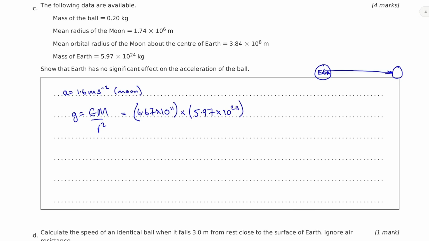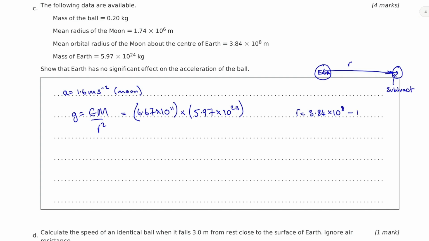And r. Now r is this distance here. It's the distance from the centre of the Earth to the surface of the moon. So we know that the orbital radius of the moon about the centre of the Earth is this, but we need to subtract the radius of the moon here, because we're talking about the surface of the moon.